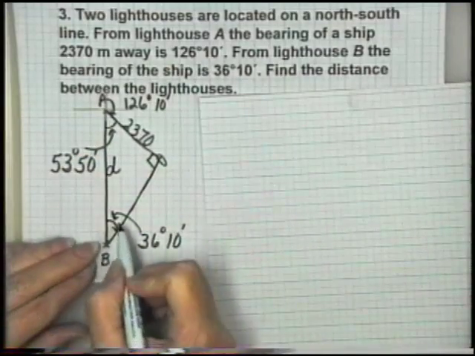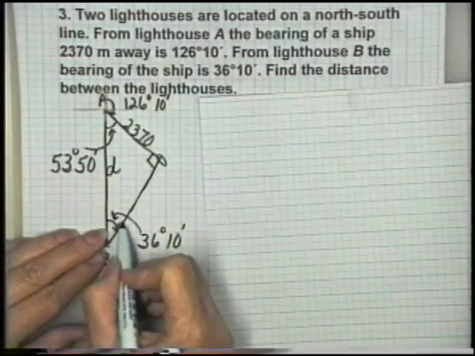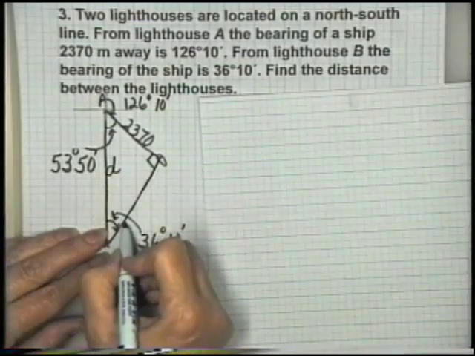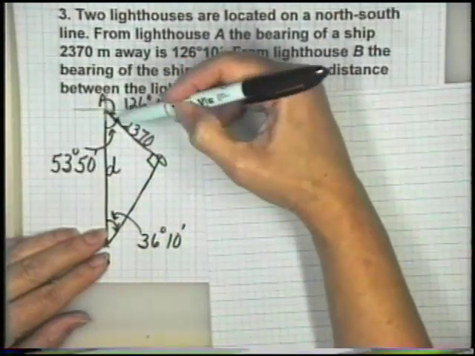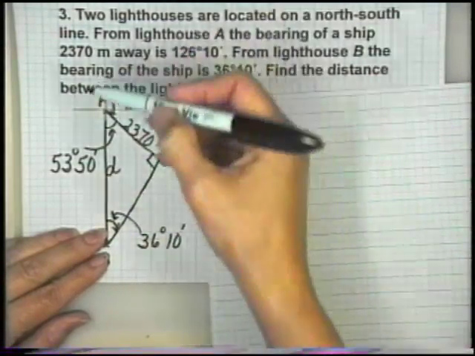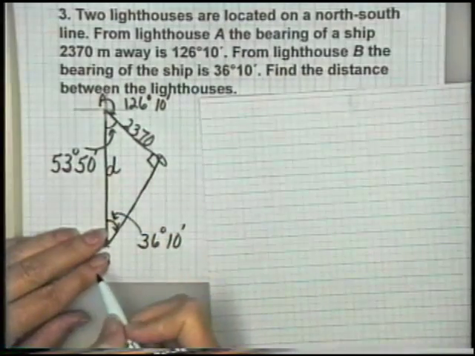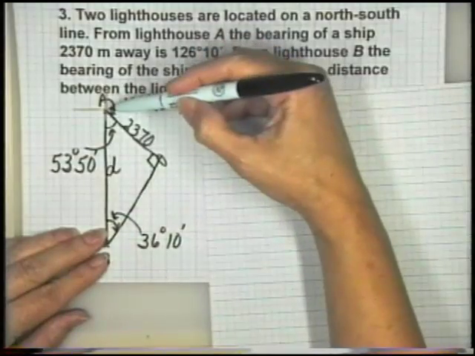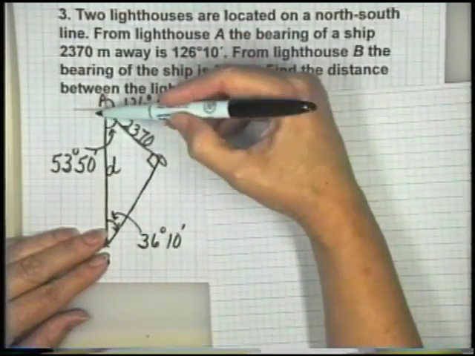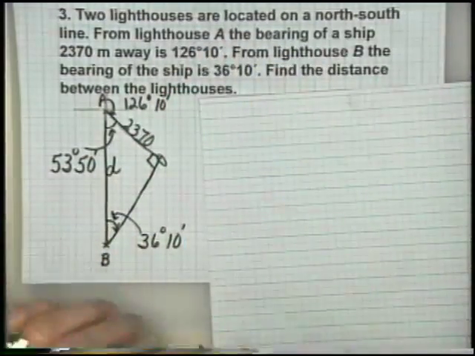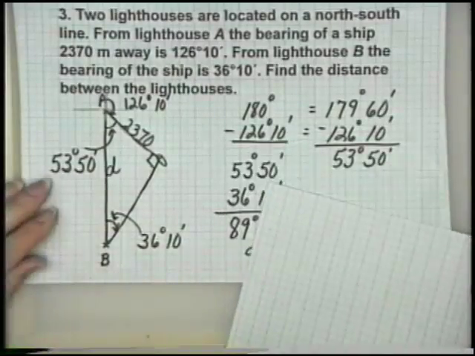I think that maybe I'm going to choose to use this angle down here. So I've got this angle, I've got the leg that is opposite that angle, and then I have the hypotenuse that I'm looking for. The function that uses opposite and hypotenuse of this angle is the sine.